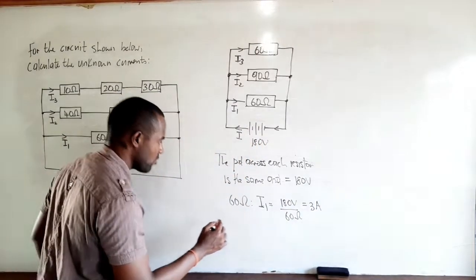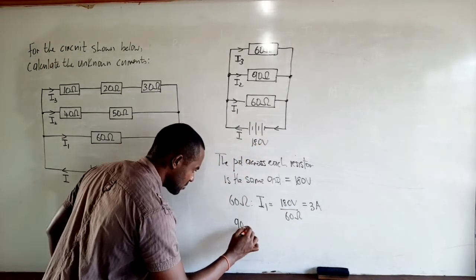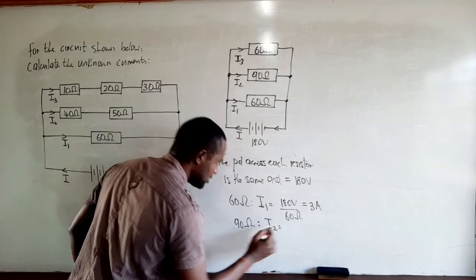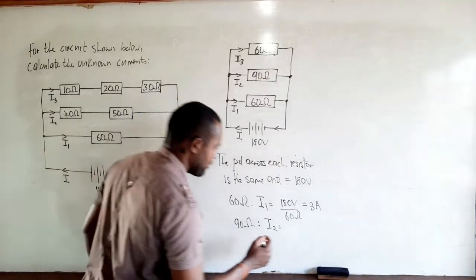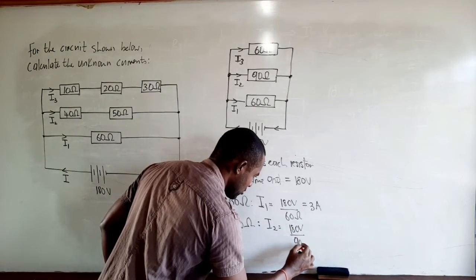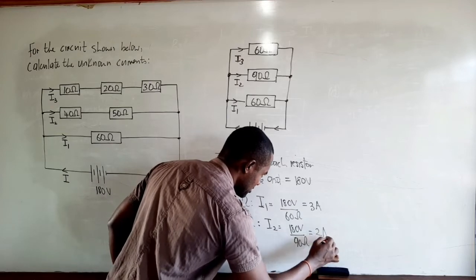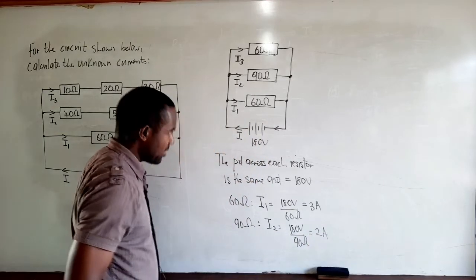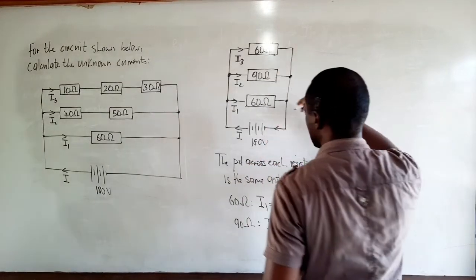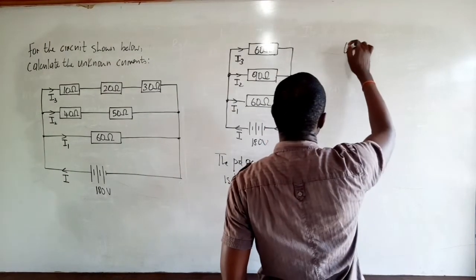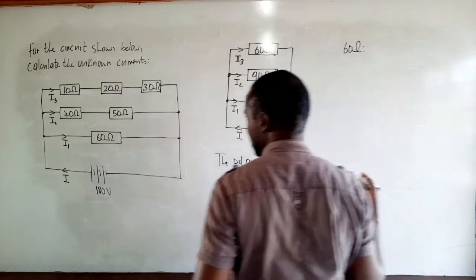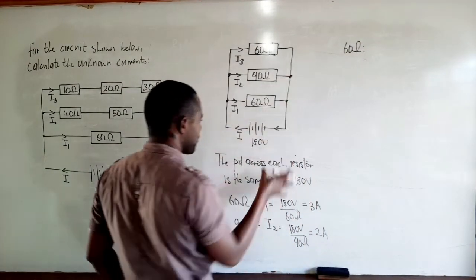For the 90 ohm resistor, we have I2 is equal to V over R again, so 180 volts divided by 90 ohms, and that gives us 2 amperes. And for I3, which is flowing through the second 60 ohm resistor, so this is 60 ohm at the top, that is the same resistance, and the PD is the same.